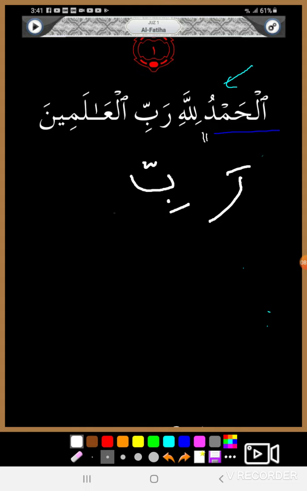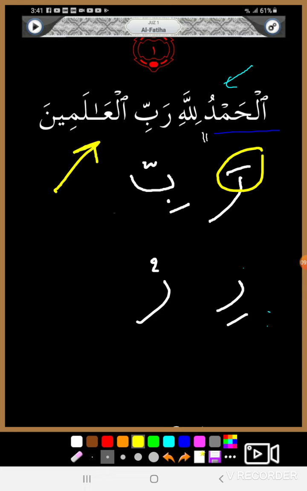Not Rabi, Rabbi. Because we can say Ri, we can say Ru, but for this one, we say Ra. Alhamdulillahi Rabbil. Okay? And we continue now with the last word, and we are done for this verse.